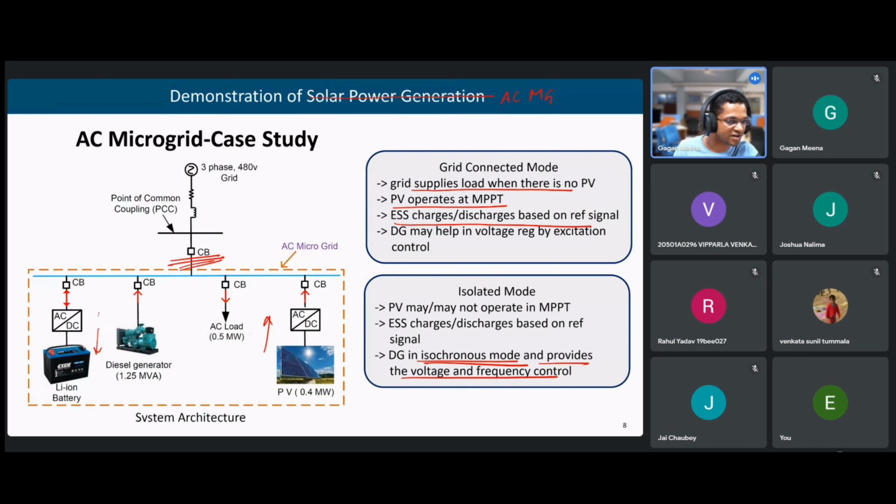But if the battery is discharged and there is scope to charge it, then PV can operate in MPPT. So the SOC of the battery will decide a lot. The control strategy will be very much dependent upon the lithium ion battery and its SOC. Is there any doubt up to this point?